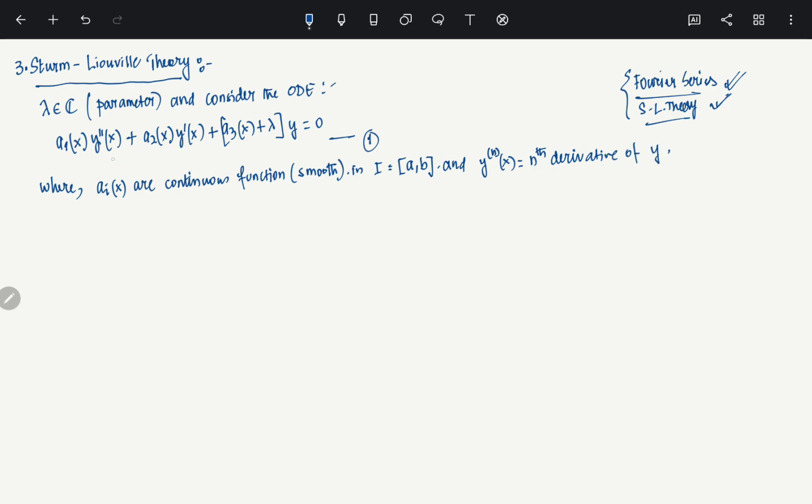So y double prime is the second derivative, y prime is the first derivative. This is the special type of ODE which we are going to talk about.